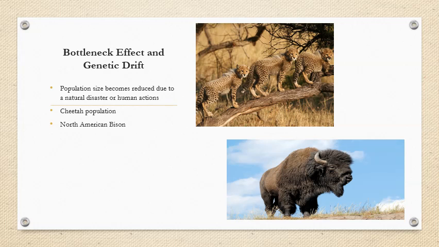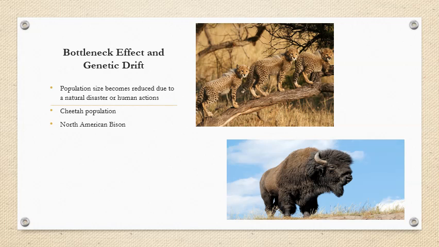So if we look at the cheetah population, which has been studied quite frequently, we find that there's very little genetic variation within the population. I think the research shows that members of certain populations are about 99% similar.